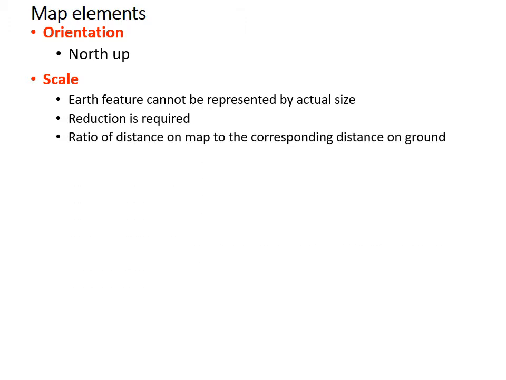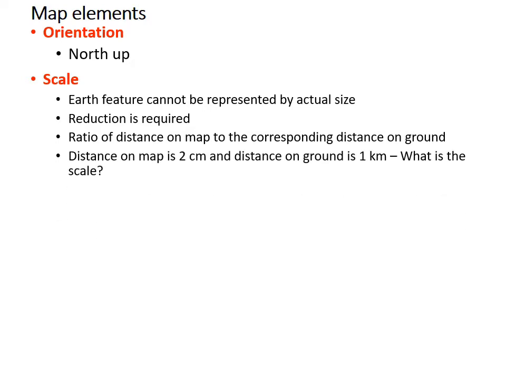For example, what we define as a scale is the ratio of the distance on the map to the corresponding distance on the ground. So the example is here. The distance on the map is 2 centimeters and the distance on the ground is 1 kilometer. What could be the scale?